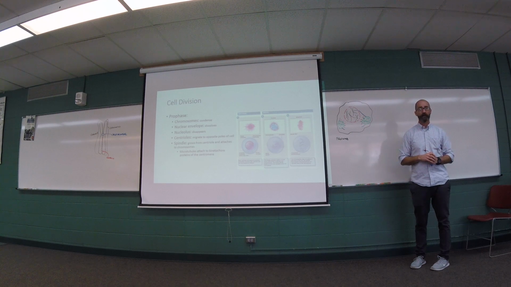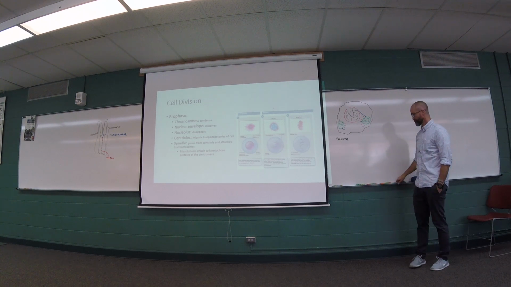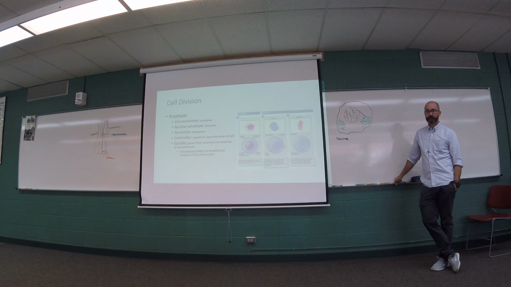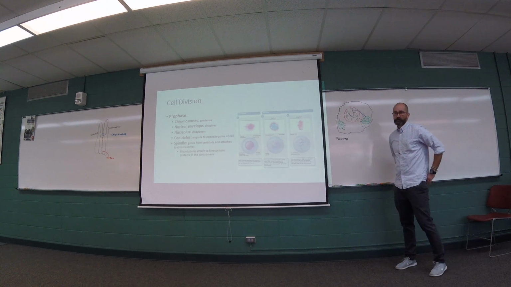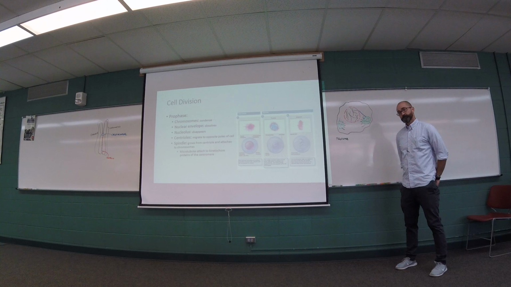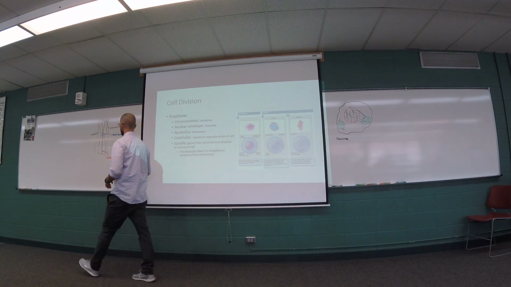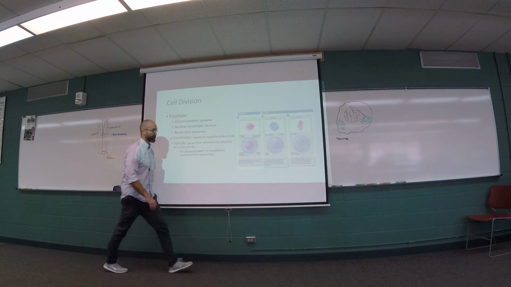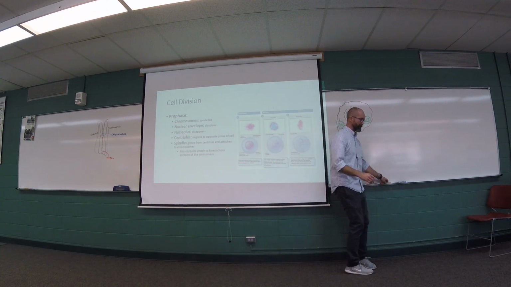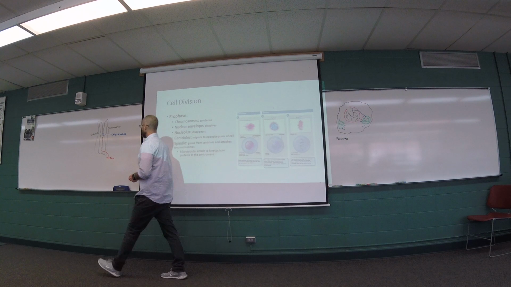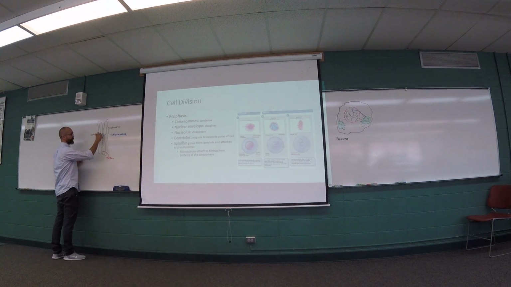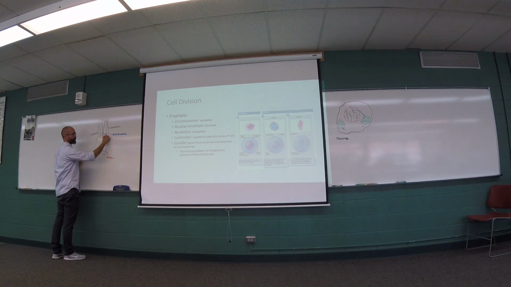I have a question. So the kinetochore protein, is that what's made to attach to the chromosomes? Yeah. So on this diagram of a chromosome over here, what you get on either side of the centromere is a little protein that sits right here, and that's the kinetochore.